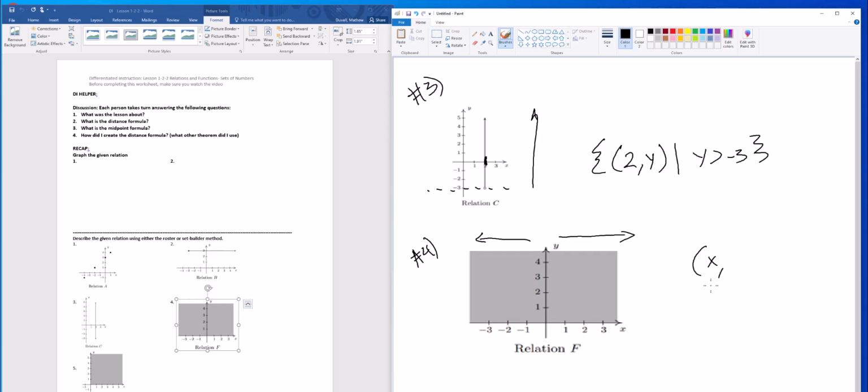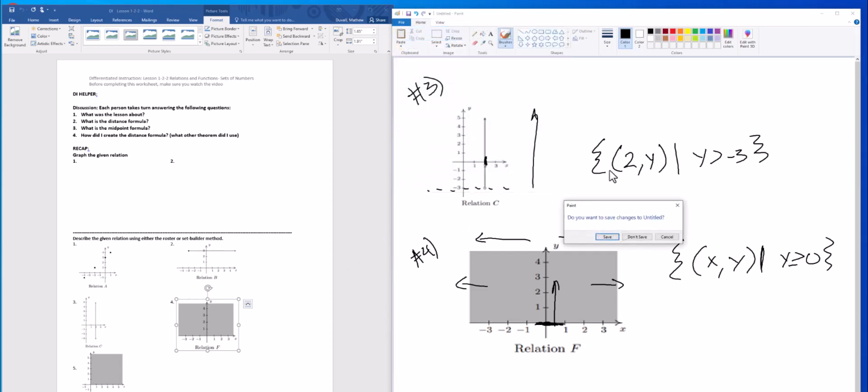But my y value seems to stop here and go up forever. So my only restriction is my y, and it seems like y has to be greater than or equal to 0. But my x are all positive or negative. It goes on forever that way. There are no restrictions for my x. So that's going to be my set. Let's look at one more.